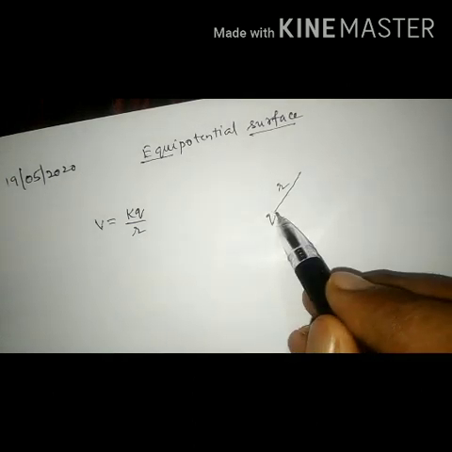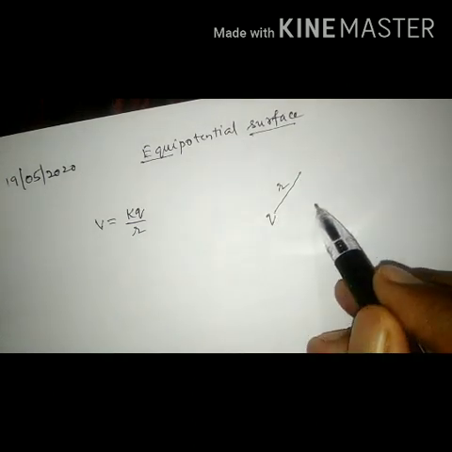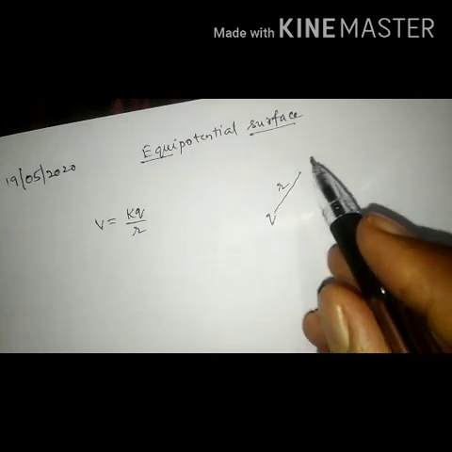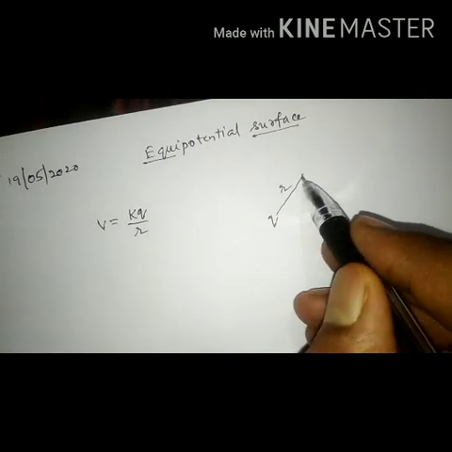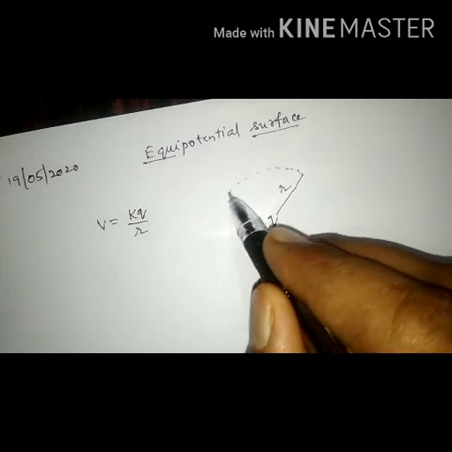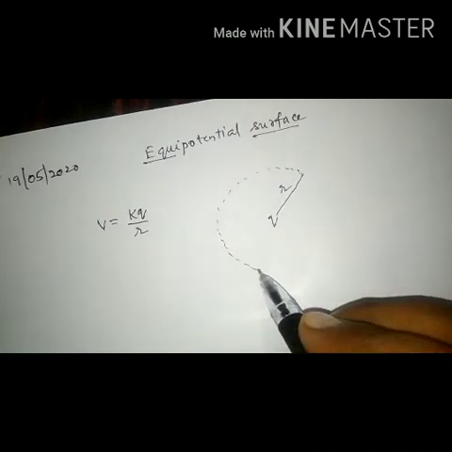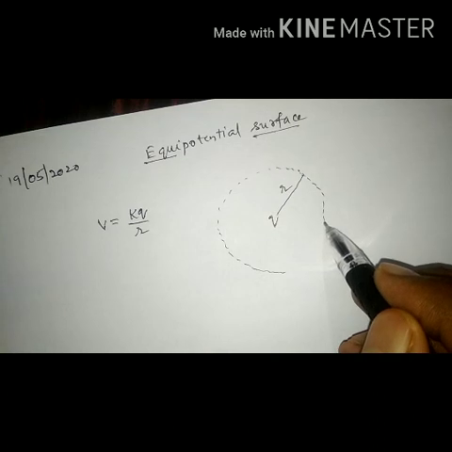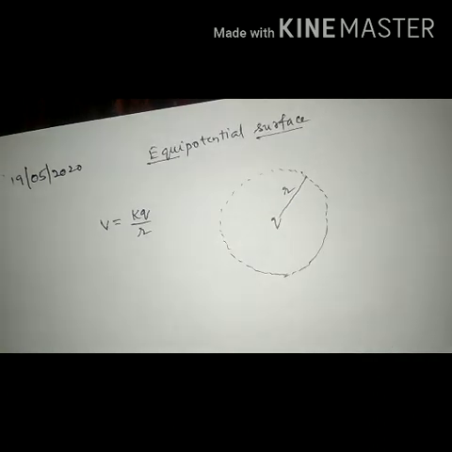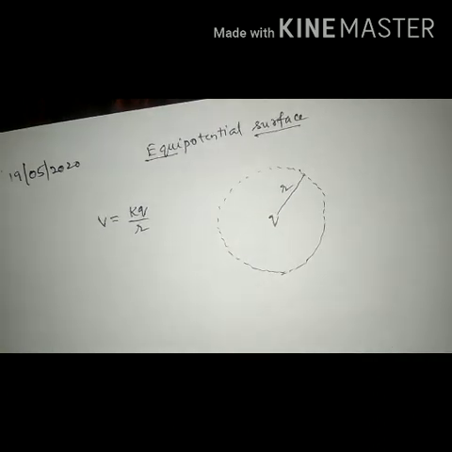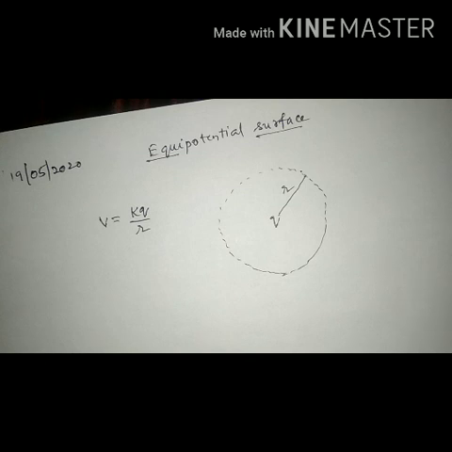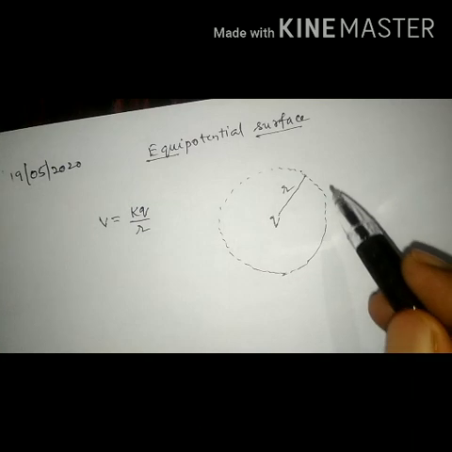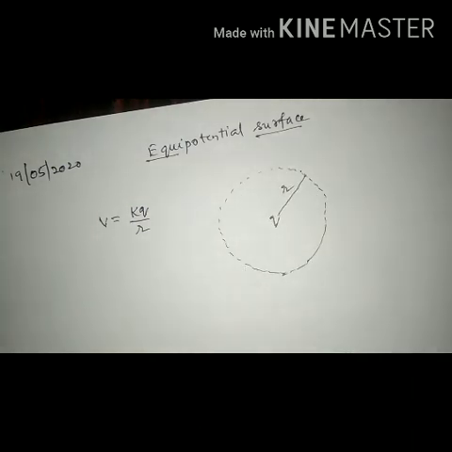Suppose you take any points at a distance r from this charge, they will form a surface whose radius is r. So you will get a spherical surface, three-dimensional. Imagine the charge is at the center of the sphere, and on the surface the distance of any point from the center is the same, so it is a spherical surface.